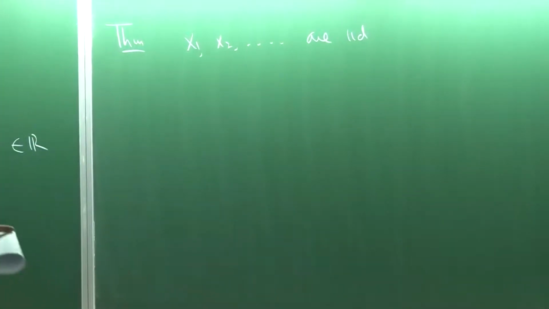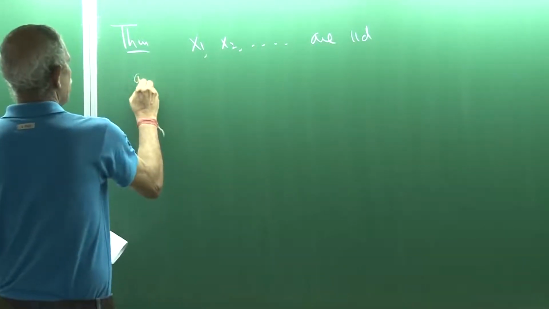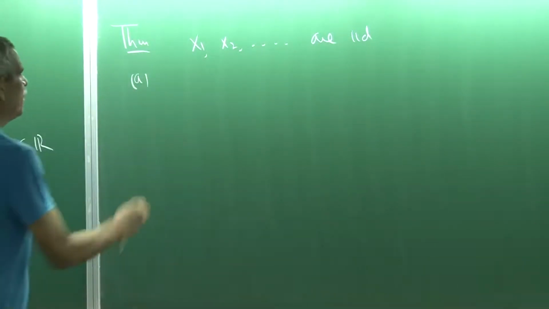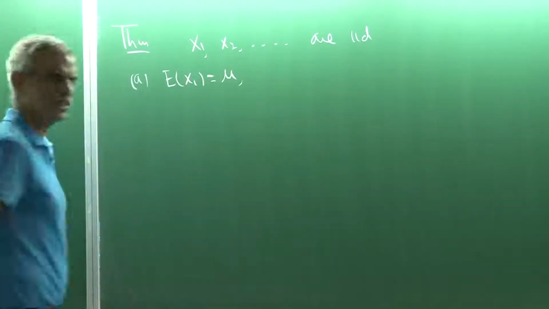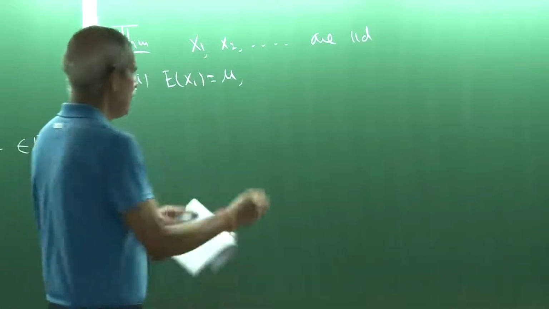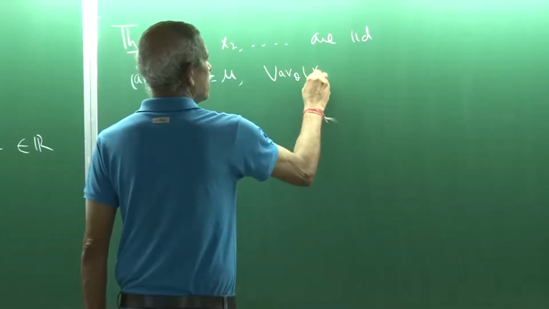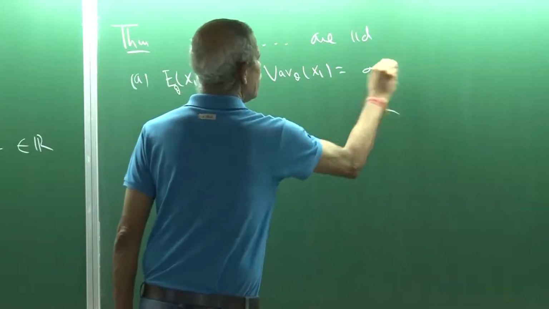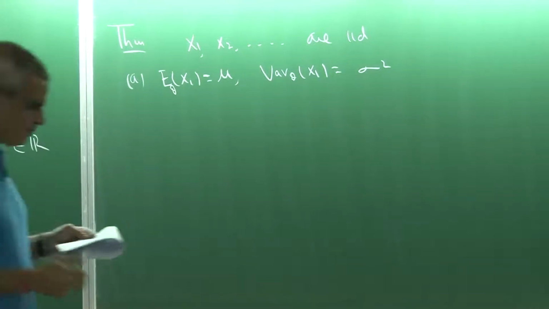So X1, X2, ... is a sequence of IID random variables. First part says the expected value of X1 is, suppose, mu. It is finite. Variance of X1 is sigma square. So at a fixed point, mu is a function of theta, sigma square is a function of theta.